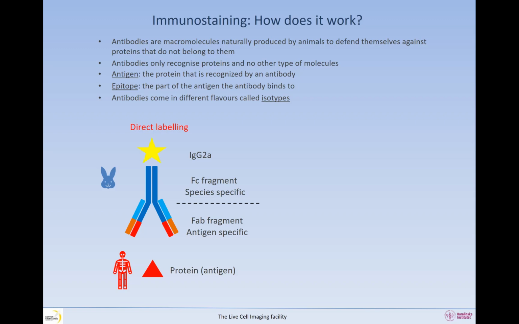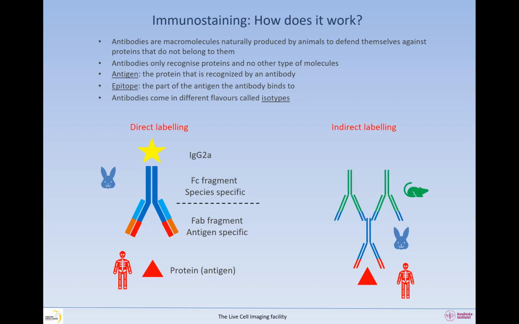The second alternative is indirect labeling, where the FC fragment coming from the rabbit is injected into, for example, a green mouse, and the green mouse will respond by producing its own IgGs with a mouse FC fragment and then a FAB fragment that will bind the blue rabbit FC part.